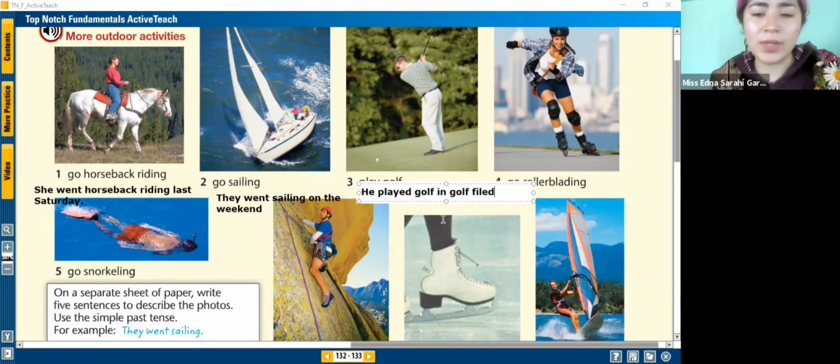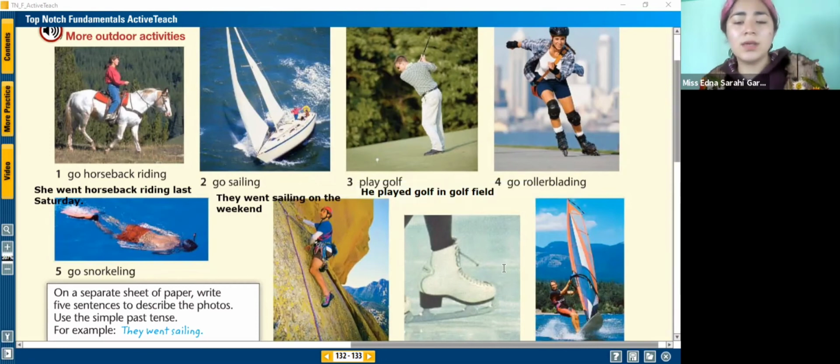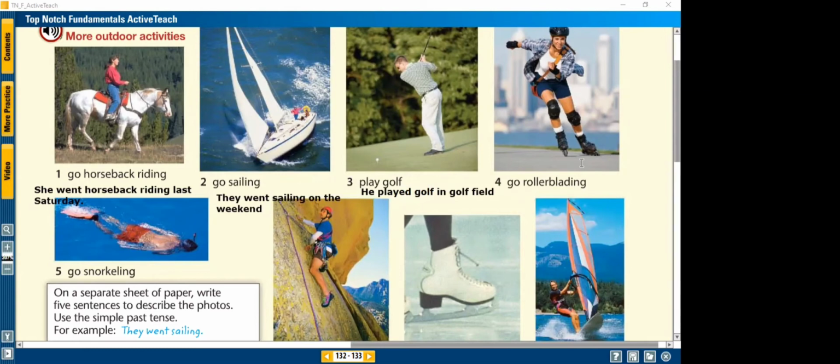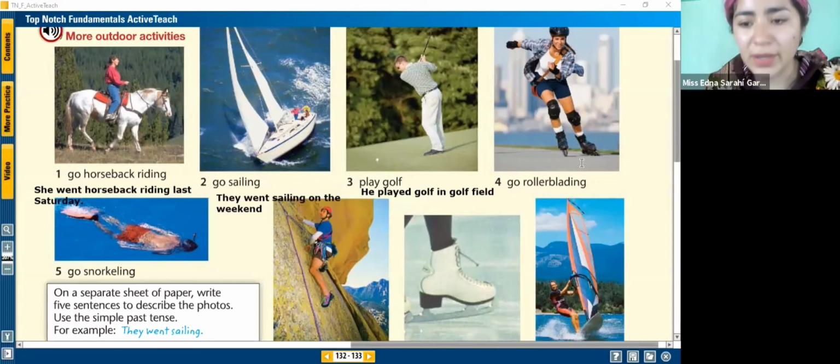En el campo de golf. Okay. Go rollerblading. Lilian, tell me a sentence describing the girl. She went rollerblading.